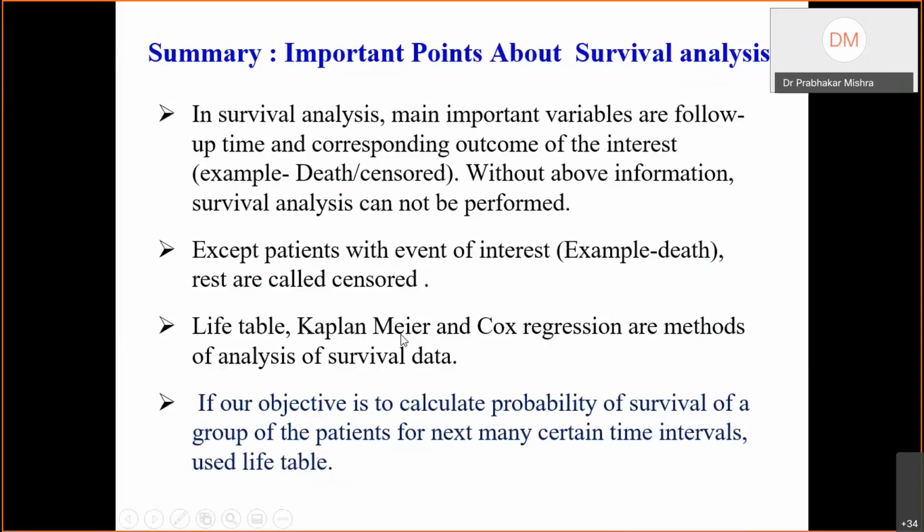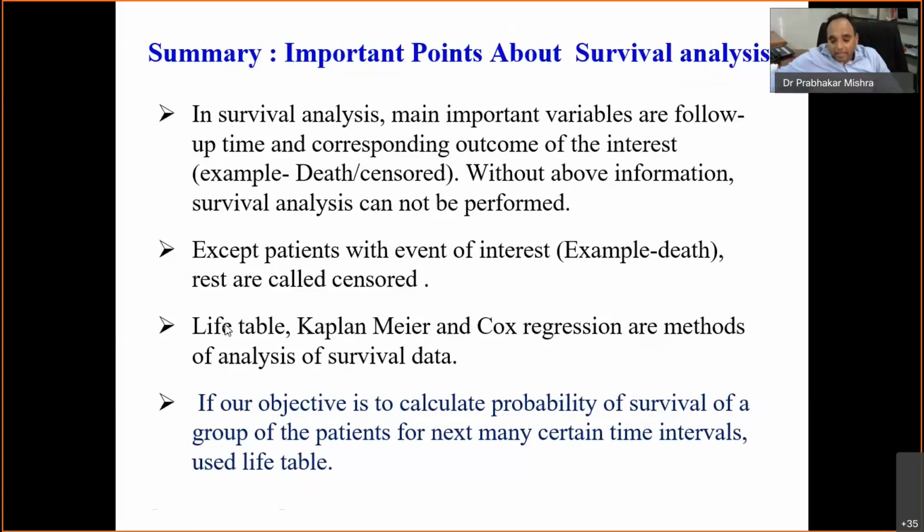Life table, Kaplan-Meier and Cox, there are three methods of survival analysis. Okay, sorry, video was off. So life table, Kaplan-Meier and Cox regression are three methods of analysis of the survival data.